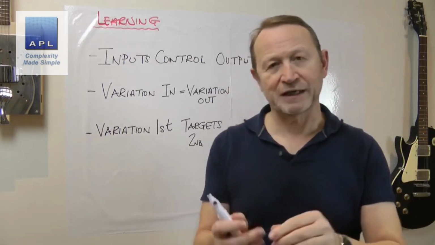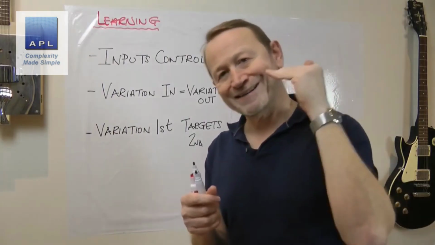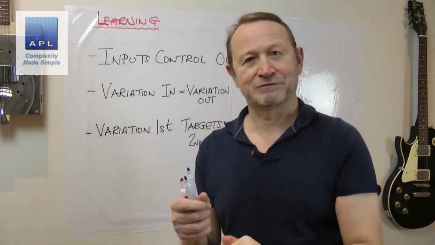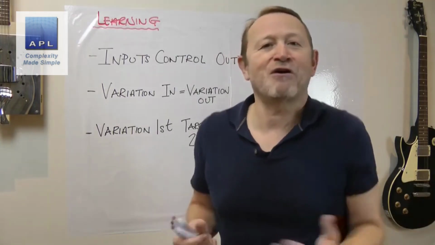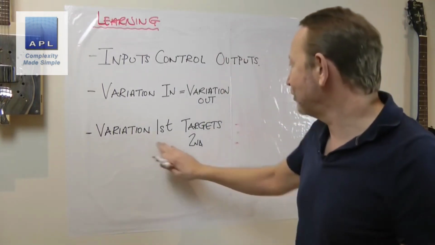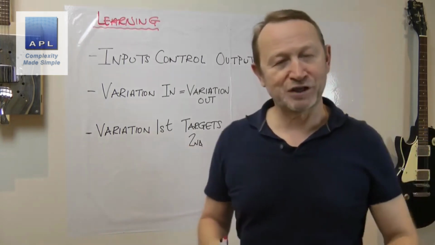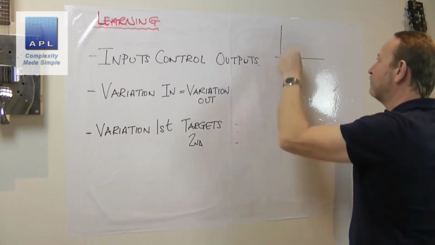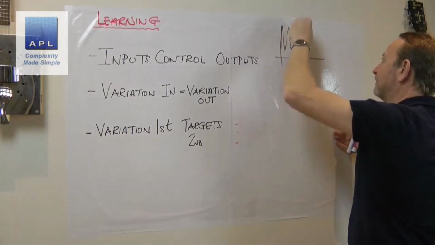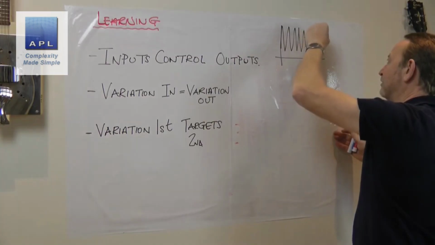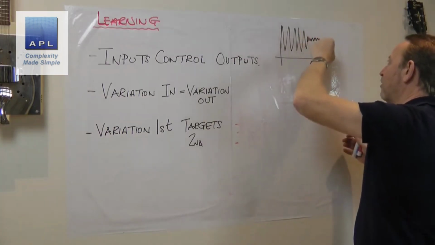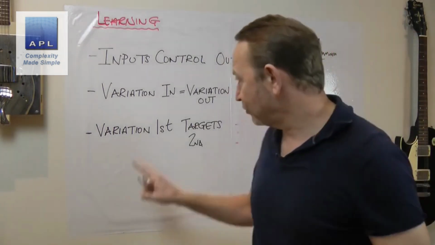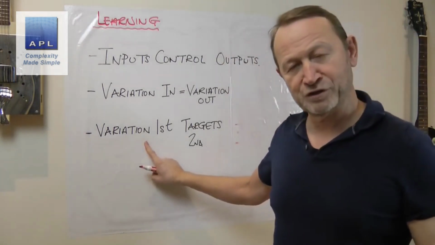Now we looked at this earlier. Unless you're somewhere consistent, it's impossible to adjust to somewhere new because you don't know where you are. If you don't know where you are, how can you adjust? So you've got to get control of the process first. So that's reason 1. Reason 1 why we want you to get rid of variability, want to get rid of this chaos, is so you know where you are. And then when you know where you are, then you can hit the target. So that's reason 1 why we want you to follow this principle.